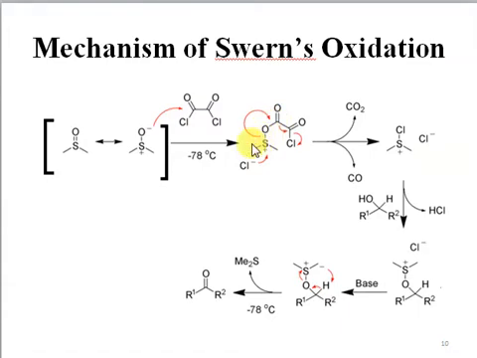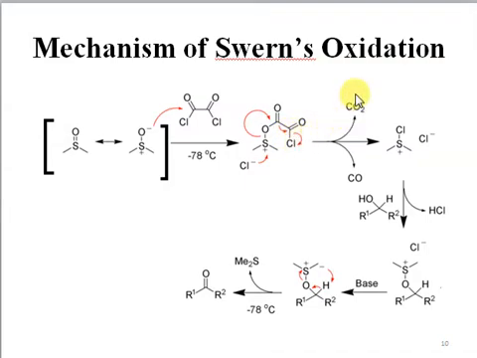This sulfur bonded with chlorine will again get detached from here, and we will get a carbon-oxygen double bond here. You know that this carbon having 5 valency is not possible, so this bond will shift towards this carbonyl group, and this chlorine will leave.